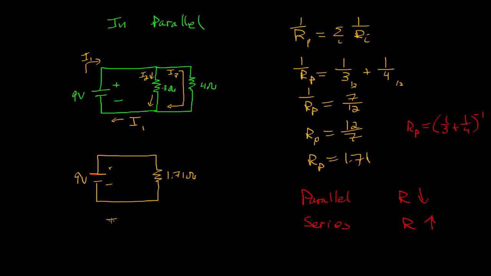Current, again, is delta V over R. So my current is going to be 9 divided by 1.71, 5.26. So we get a current of 5.26 amps. That's coming out of the battery. So I1, that's this one, is equal to 5.26 amps.